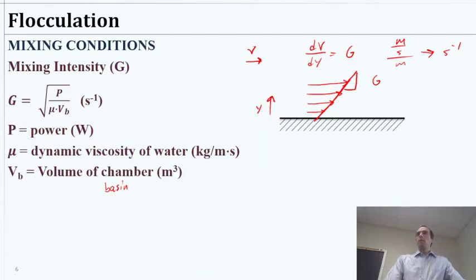And one of the important parameters is going to be how intense our mixing is. So we're going to make an assumption that we're not mixing too intensely, so we're not in a turbulent mode.